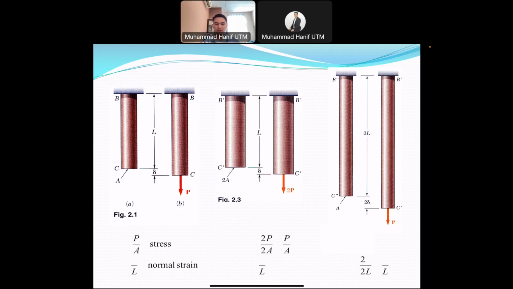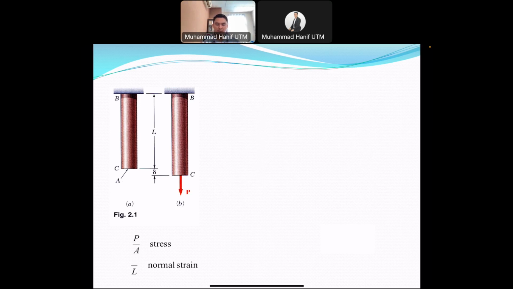So we look at it case by case. In the first case, if you have a cylinder like this, we have a force acting on the cylinder, pulling down that way. This is before, this is after, so you can see the deformed body.